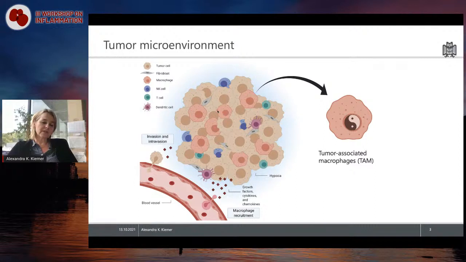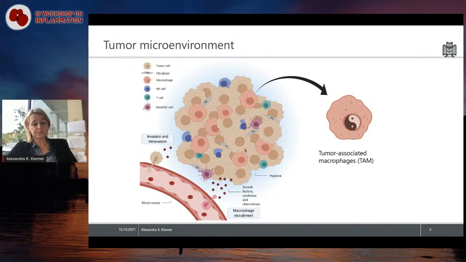I guess all of you know that the tumor itself doesn't only consist of tumor cells, but there are really different cell types also present in the tumor, for example fibroblasts, but also a set of immune cells. And these immune cells can be recruited to the tumor from the blood vessels.